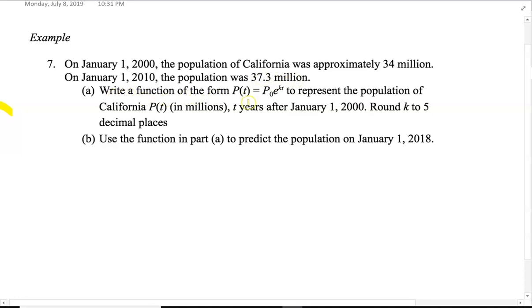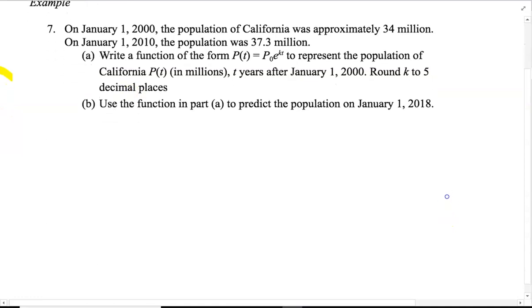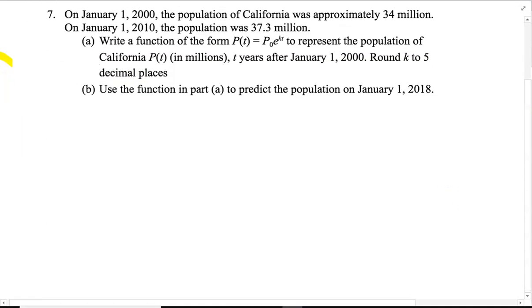A, write a function of the form P of t equals P0 e to the kt to represent the population of California t years after January 1, 2000, and round k to 5 decimal places. Part B, use the function in part A to predict the population on January 1, 2018.